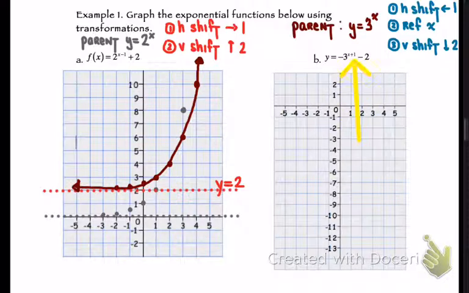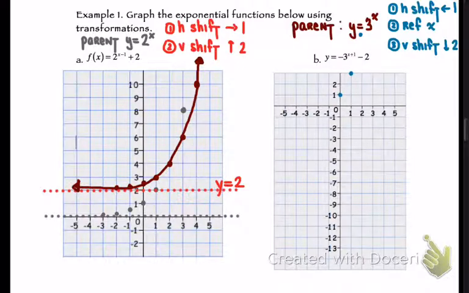Well, I know that I got a horizontal shift to the left one. I know this negative on the outside is a reflect x. And then I know that -2 is a vertical shift down 2. Okay, so let's graph our parent function, which is 3 to the x. 3 to the 0 is 1. 3 to the first is 3. 3 squared is 9.